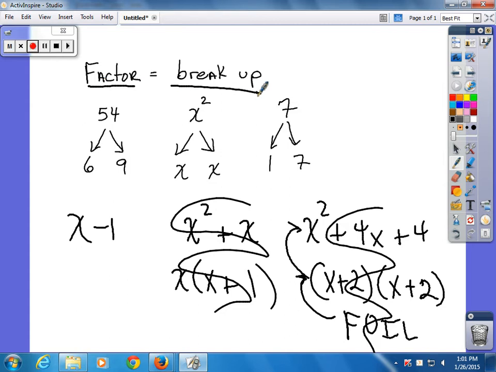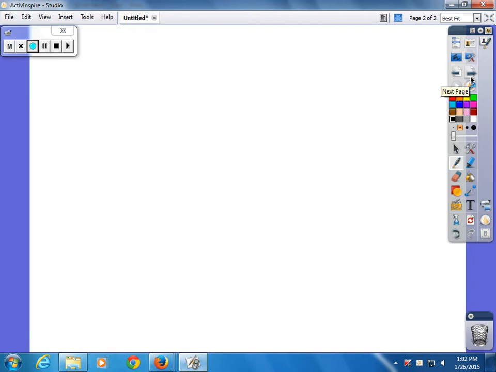Break up. It's just like brakes on your car. You had the old-timey brakes on your car, the drum brakes. You can't diagnose them, because those old-timey drum brakes are real bad about making noise. Yes, making noise whenever I do this.